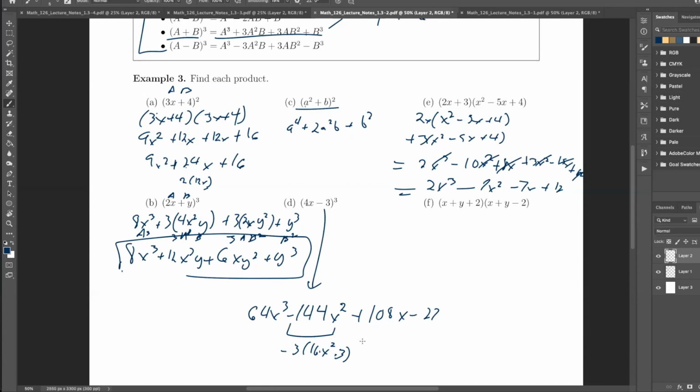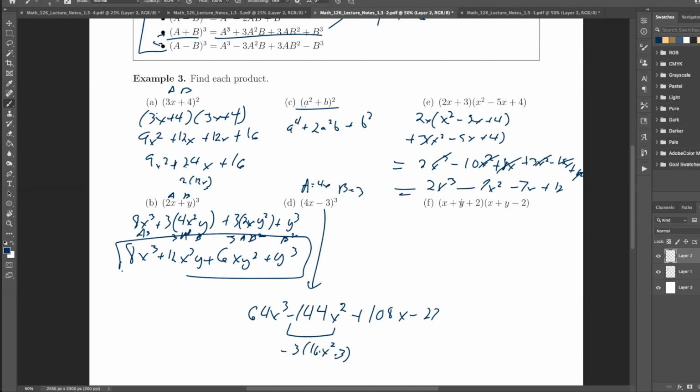And so if you add all of this together, you get 9 times 16, which gives you this mess right here. Okay. So notice here, I'm declaring A to be 4x and B equal to 3. Now, if I had B equal to -3, I would use this formula, not this formula. So it depends on where you grab it.